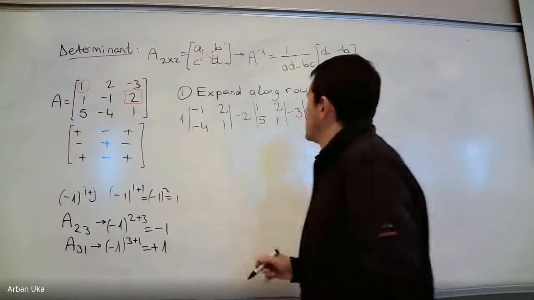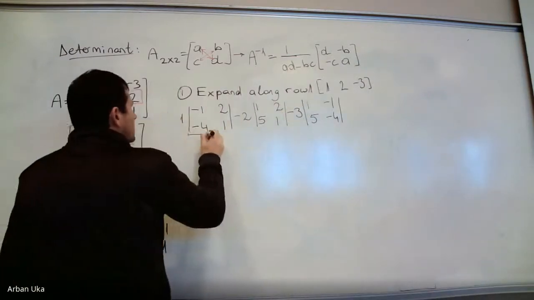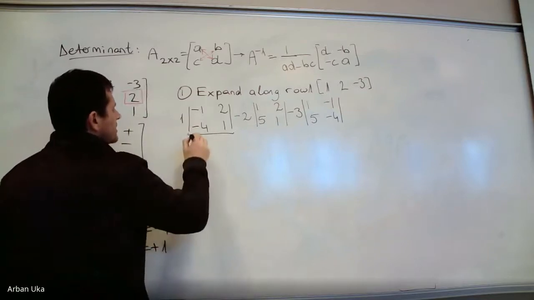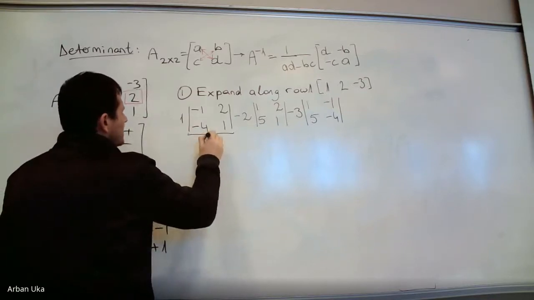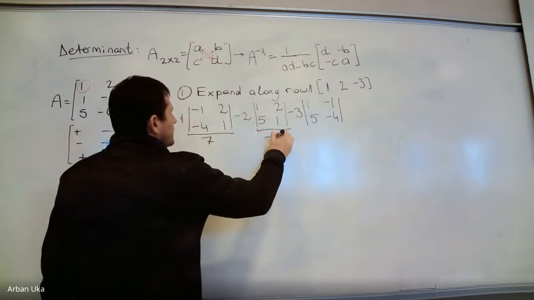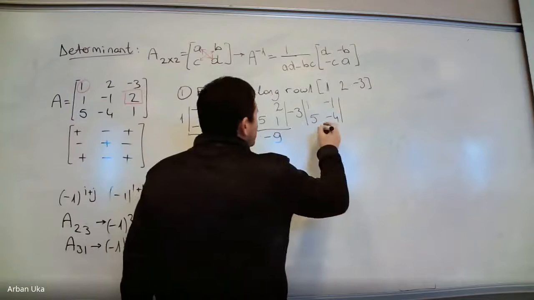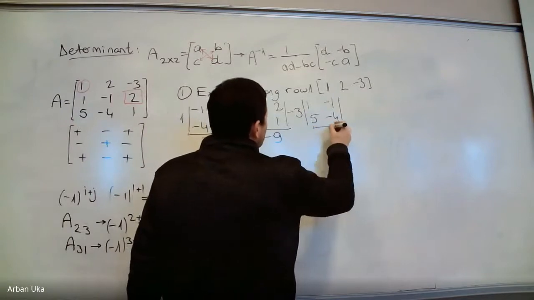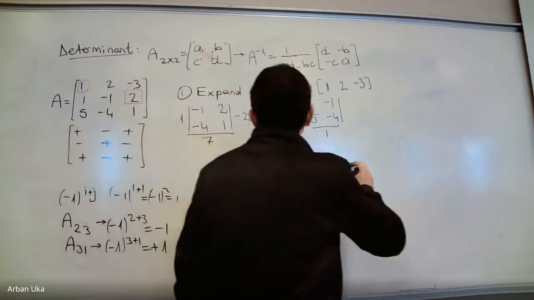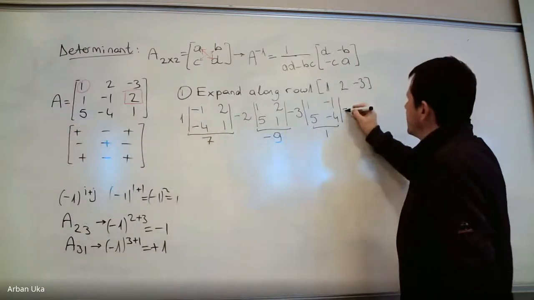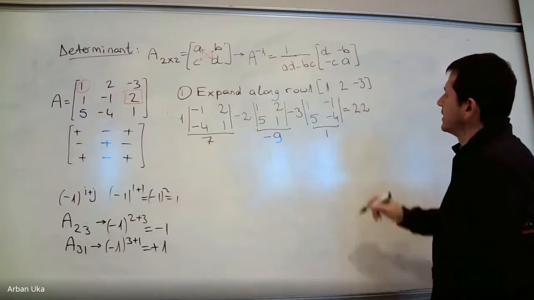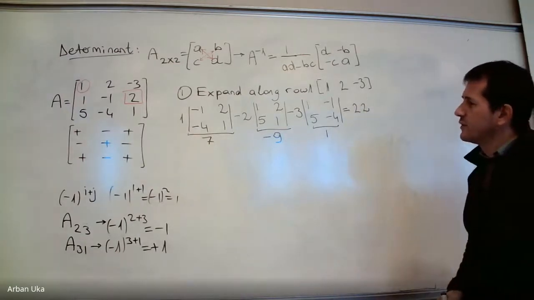So what is the determinant of this little matrix? -1 plus 6 plus 8, 7. This is 1 minus 10 minus 9, -4 plus 5, 1. So the determinant here is equal to 7 plus 18, 25, -3, 22. So this is the determinant of this matrix.